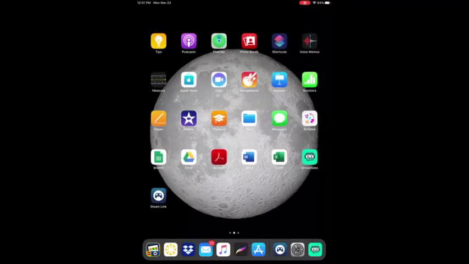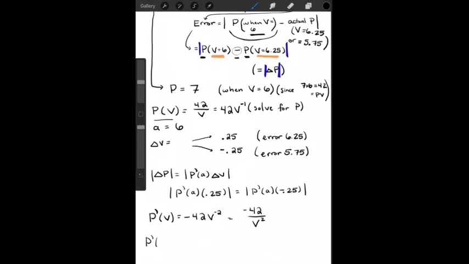So P prime of A is going to be negative 42 over 36, which I simplified at some other point in my life as negative 7 over 6.